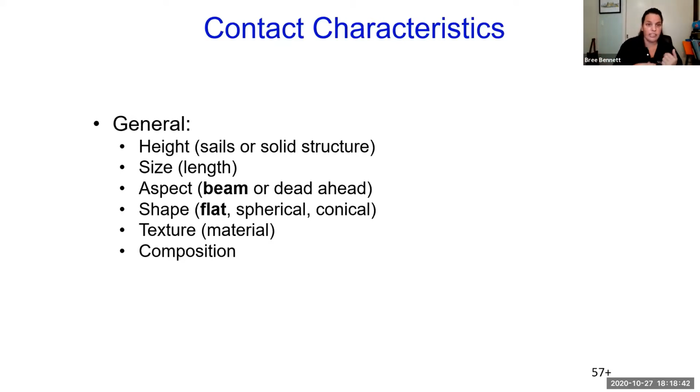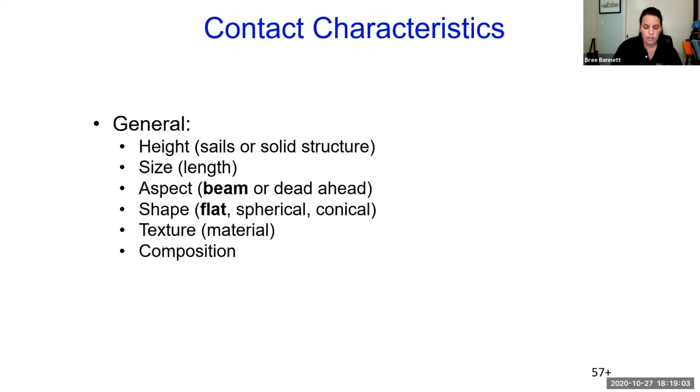The aspect, and I'm going to go into each of these so you don't have to know all of them. The aspect is basically which way the boat is pointing. Here's a little boat here. Is it pointing side on, bow, kind of bow, stern? Which aspect are you looking at?